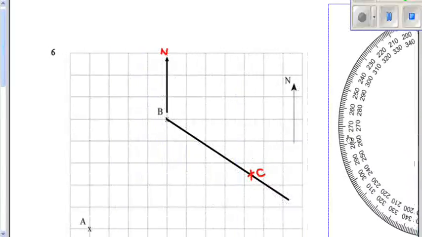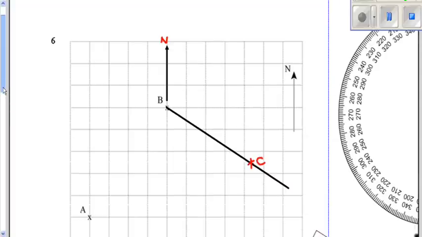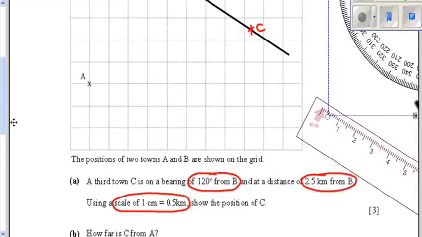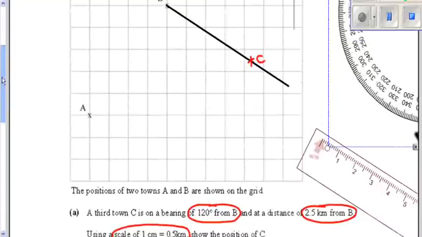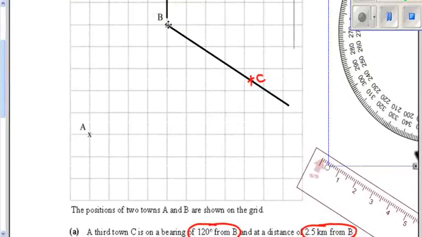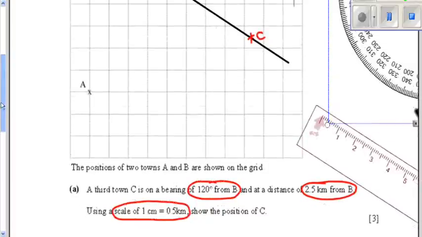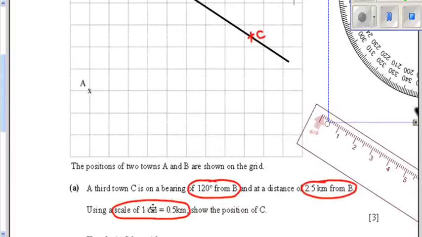Okay, so we've drawn that line. Now we know that C is along that line somewhere. Just to remind ourselves, it told us that it's 2.5 kilometers from B. So we need to find out how far we go along the line from B to find where C is. We're told it's 2.5 kilometers, but the scale is 1 centimeter is half a kilometer.